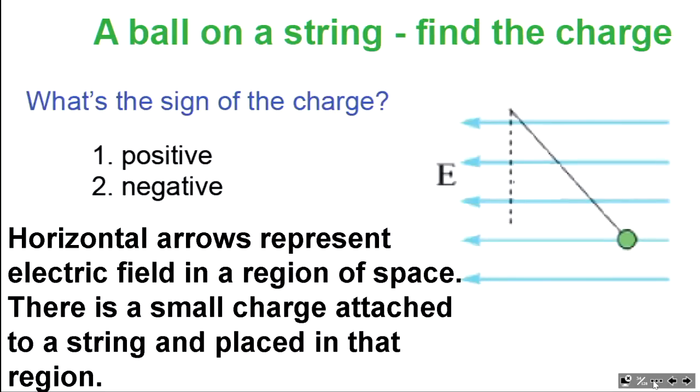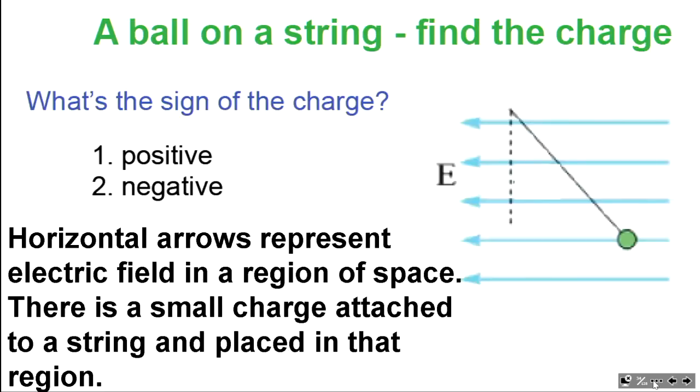What's happening here? Well, a test charge is placed in a region with a certain electric field. And these lines just represent the presence of electric field. And because of this electric field, charge moved in a direction opposite to the field.